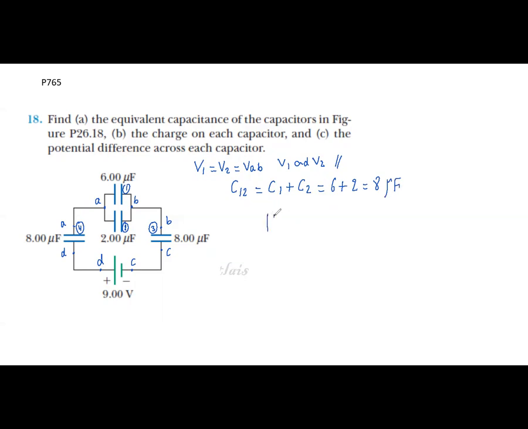So in the place of C1 and C2, we have C12. First of all you can replace the part between the points A and B with an equivalent capacitor C12, which is equal to 8 microfarad.